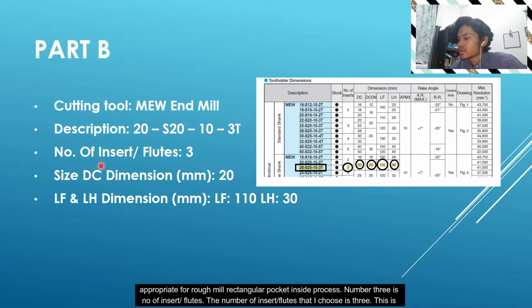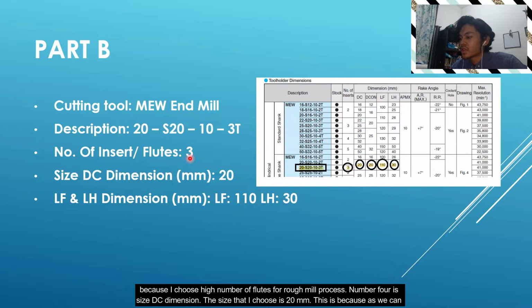Number 3 is the number of inserts/flutes. The number that I choose is 3. This is because I choose a high number of flutes for the rough mill process.